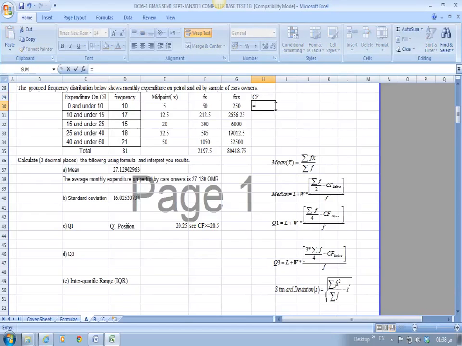The first cumulative frequency is equal to the first frequency, so I type equal and click 10, then press enter.